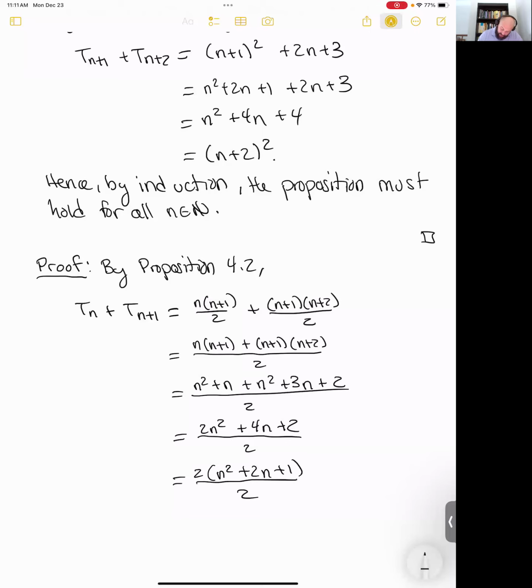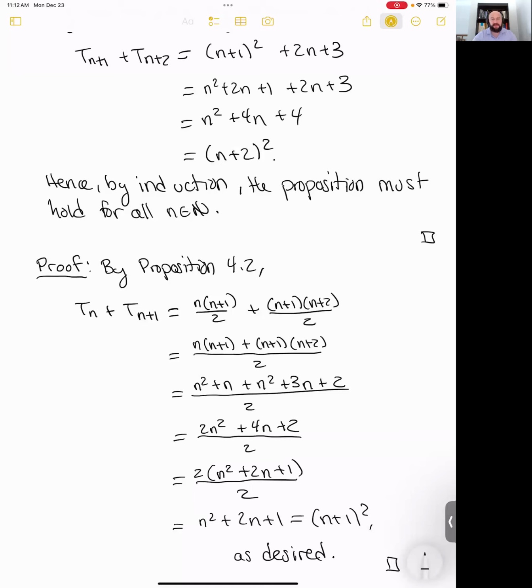And we're going to cancel the 2, so we get n squared plus 2n plus 1. But now we can factor and we get n plus 1 squared, as desired. So basically we can prove this just by applying the previous proposition that we proved by induction, and then carrying out the algebra until we get the desired right-hand side.